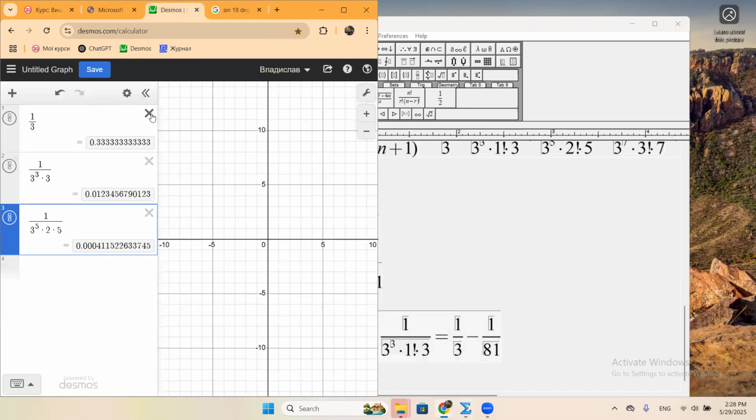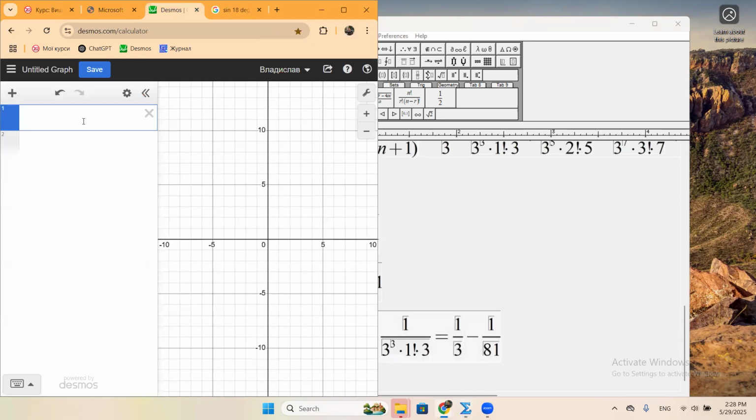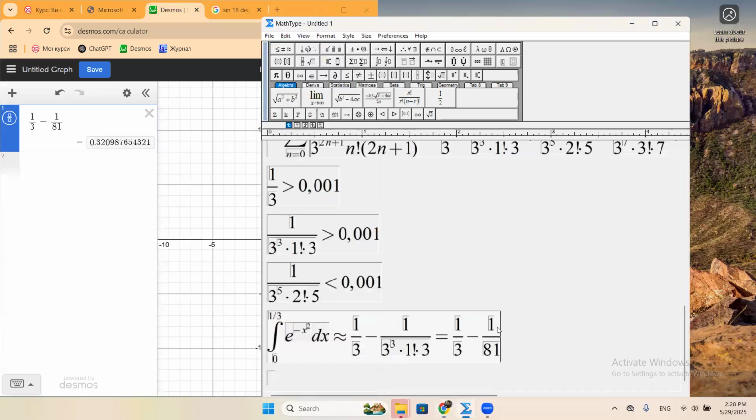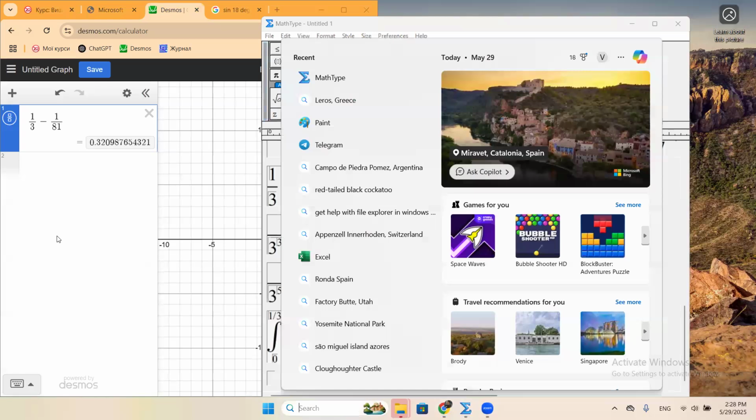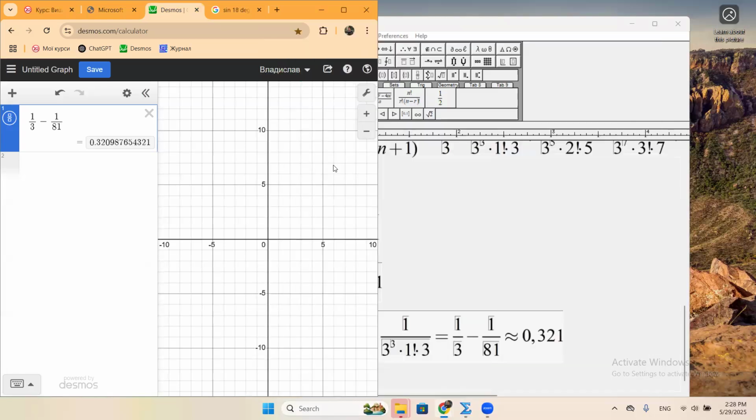Approximately it equals this value, 0.321.